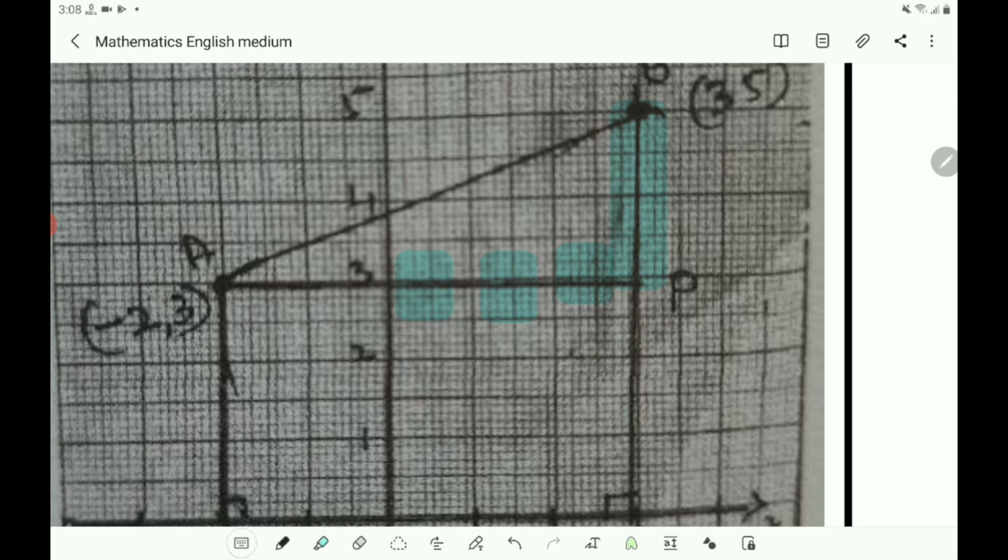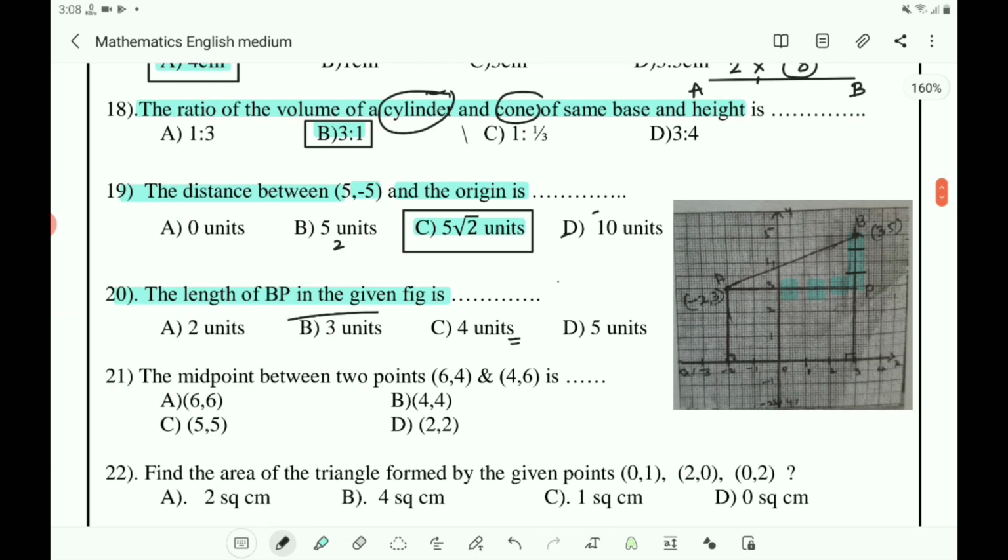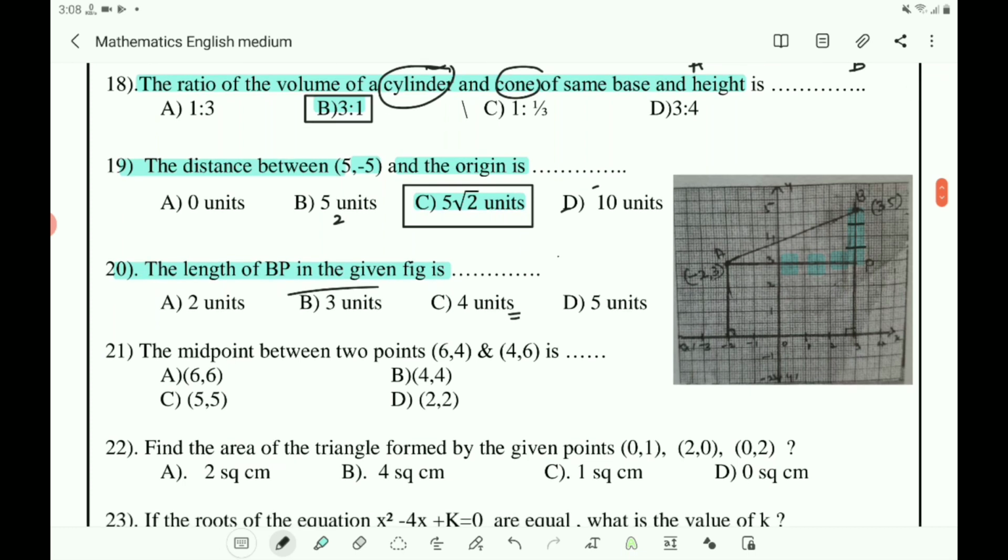So this is 1 unit, this is 2 units. So directly you can get BP equals 2 units. What is the answer here? Option A is the answer. Note down the answer, option A.